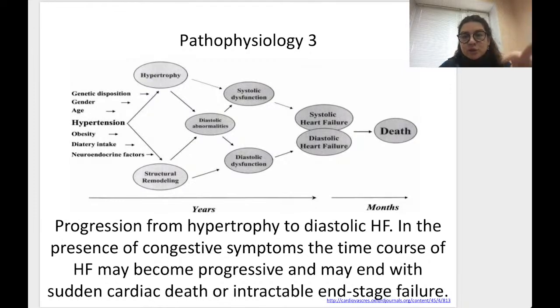It can lead to some morphological and pathophysiological abnormality, some diastolic dysfunction. But when symptomatic heart failure starts, when you see clinical manifestation, the progression becomes much more rapid, and in several months it can lead to death.